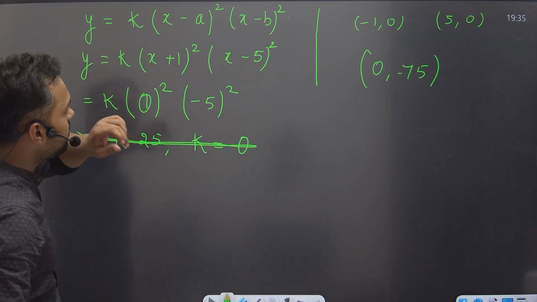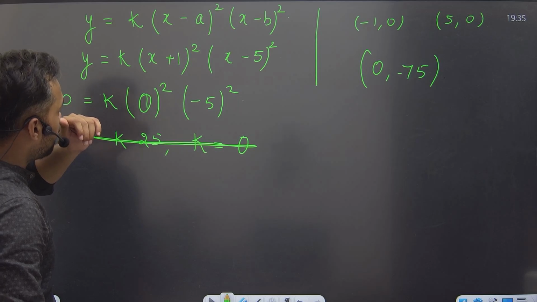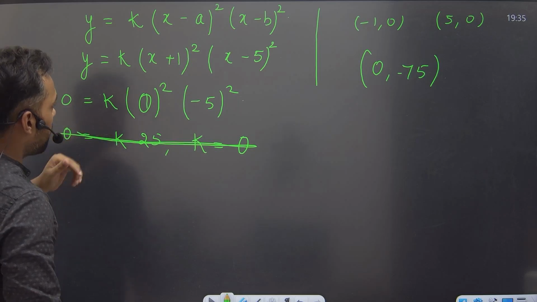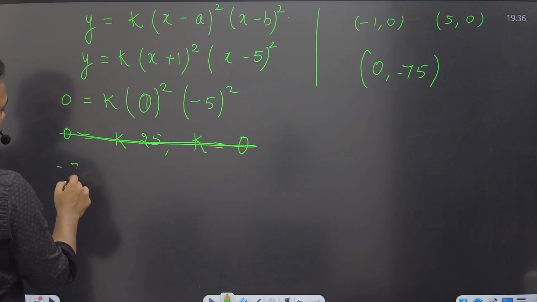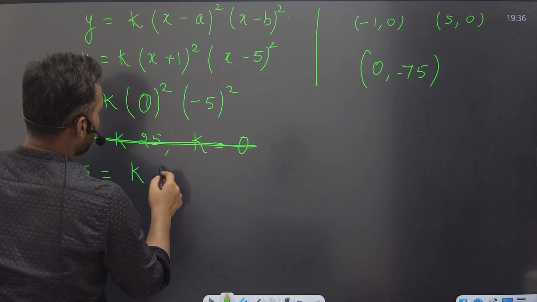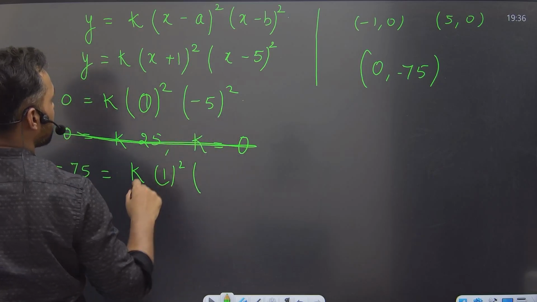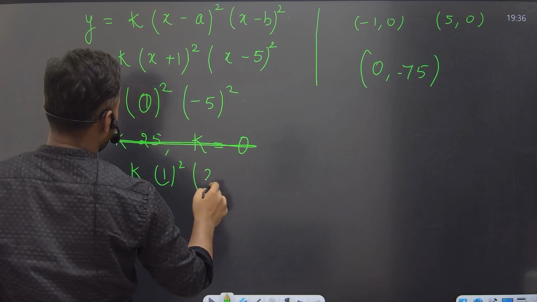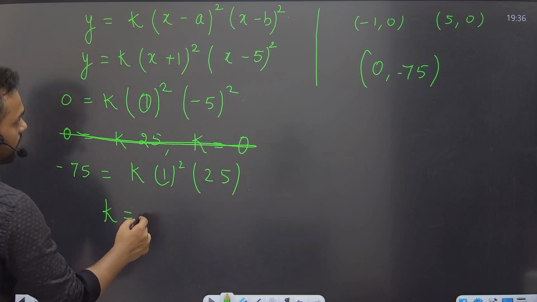If I plug in this value, we will get the value of k. I'll tell you how. y equals negative 75 is equal to k times 1 squared, that is 1, and (0 − 5) squared, which is 25. So from here you will get k equals negative 3.